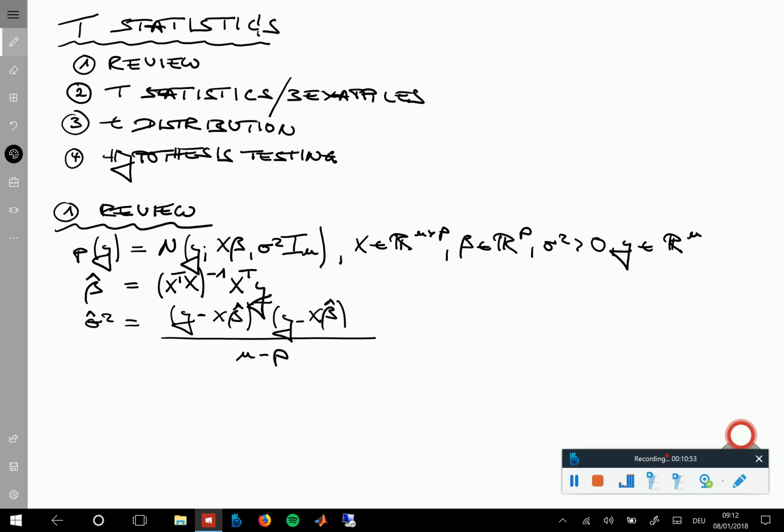Yeah, but then you already said something about the distributions of these estimates, and I'm just writing up the first distribution that we looked at. So we saw this distribution. What do you associate with that?